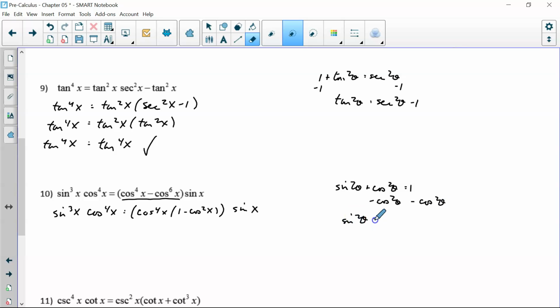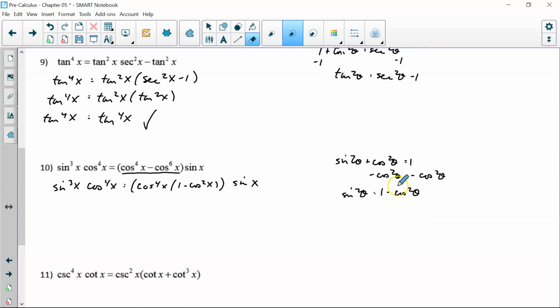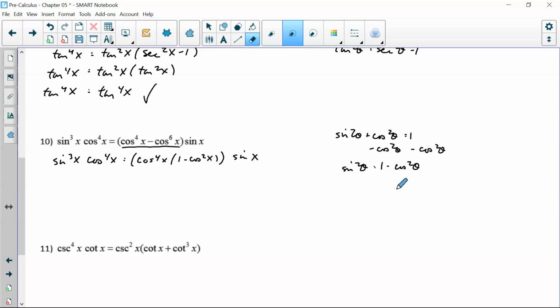Sine squared theta equals 1 minus the cosine squared of theta. So in place of 1 minus cosine squared, I can put sine squared. Cosine to the fourth of x times, instead of 1 minus cosine squared of x, I get sine squared of x times sine of x.